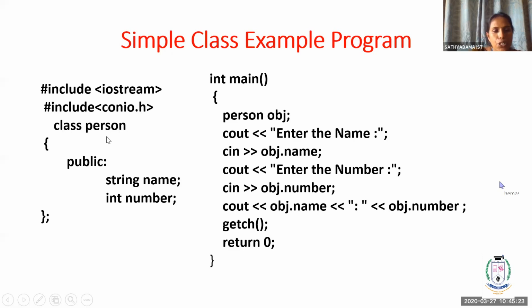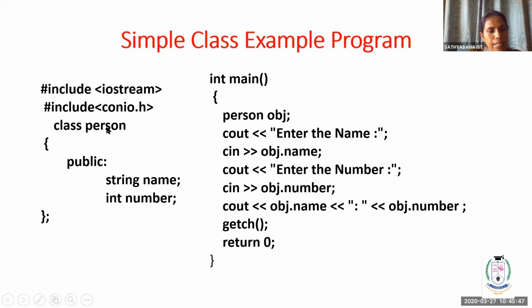Now, the structure of the program is given here. Initially, after your header file, you immediately start your class. Already we are familiar with creating the class. Initially you start the person class. We want to create the person class. And how do you specify the class? Class, space, class name.